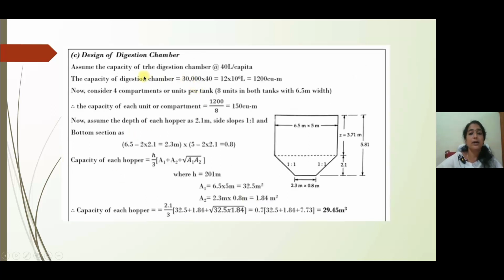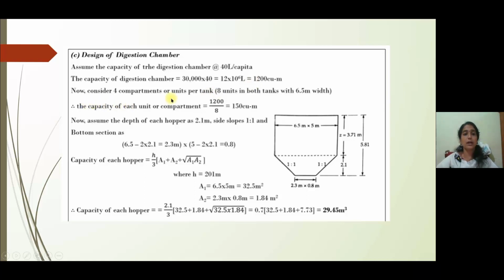Then design of digestion chamber. Assume a capacity of the digestion chamber as 40 liters per capita. The capacity of the chamber is equal to population into per capita, that is into 40. Then we will get 12 into 10 raised to 6 liters, that is 1200 meter cube.